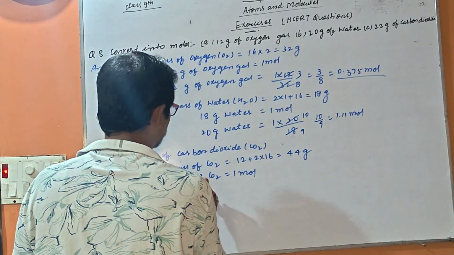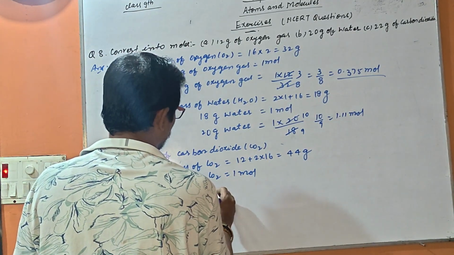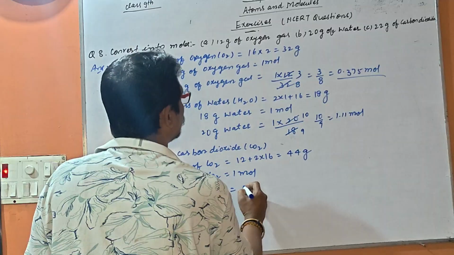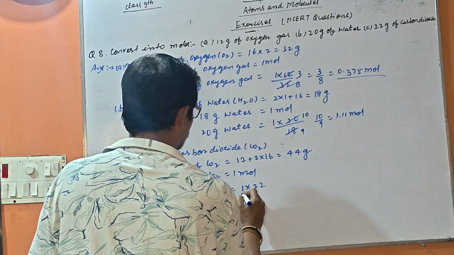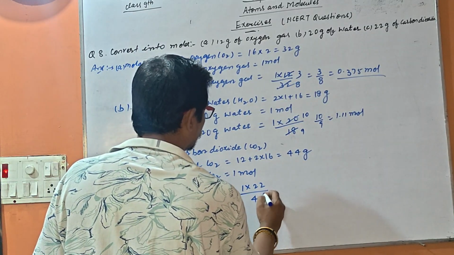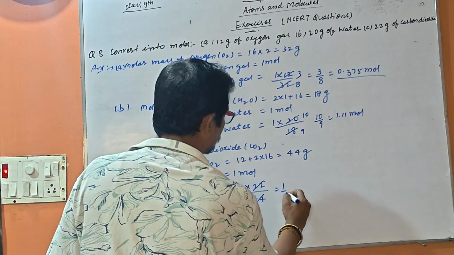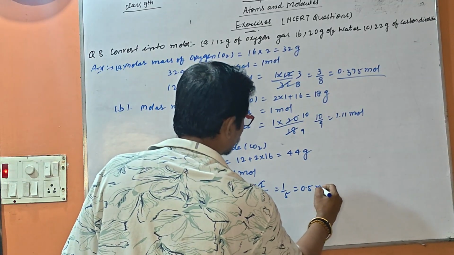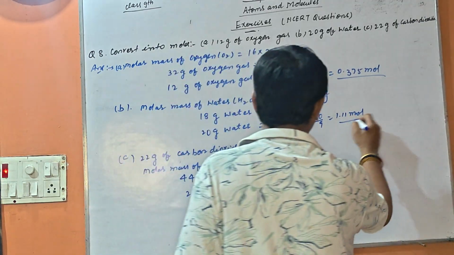How much are they asking? 22 gram. So CO2 is equal to 1 into 22 by 44, which is 1 by 2, equal to 0.5. This is your third answer.